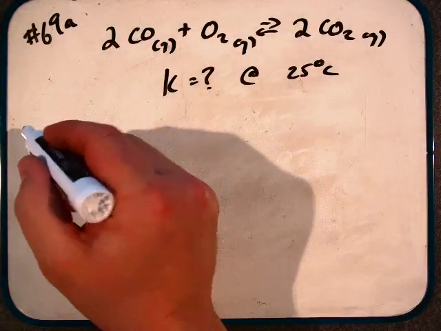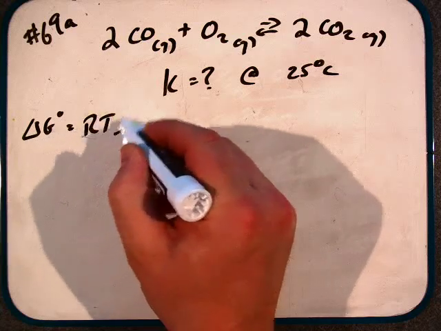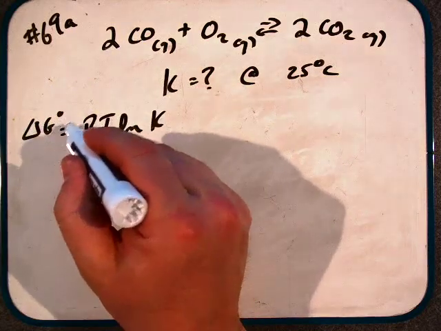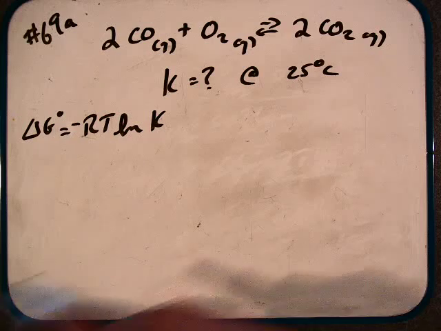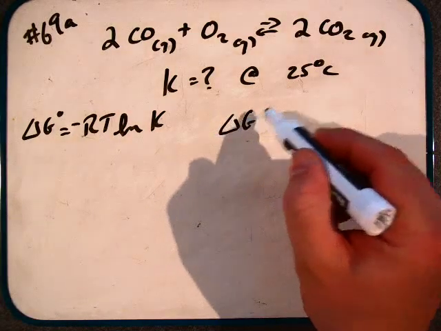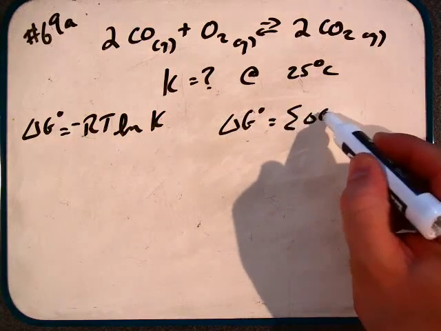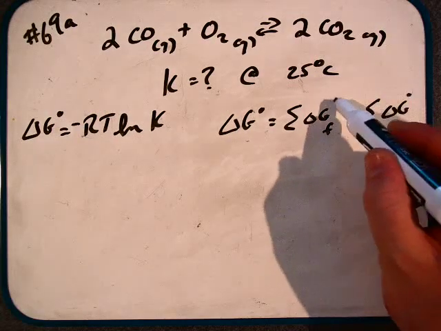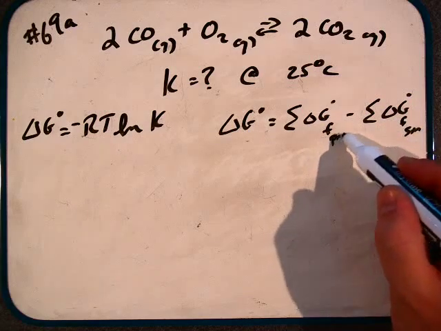So what we want to use is the relationship of delta G at standard state to our equilibrium constant. Our delta G at standard state is equal to negative RT natural log of K. And what we want to do is solve for that delta G by looking up our heats of formation of our products and our starting materials.